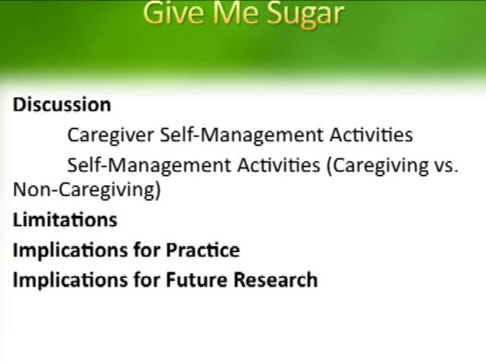Now, if we look at self-management activities, caregiving versus non-caregiving, the first paragraph brings me to some pause. What they said was, diabetic African American primary caregiving grandmothers had more difficulty performing self-monitoring of blood glucose than diabetic African American women who were not caregivers, which may be the result of financial constraints due to caregiving responsibilities.